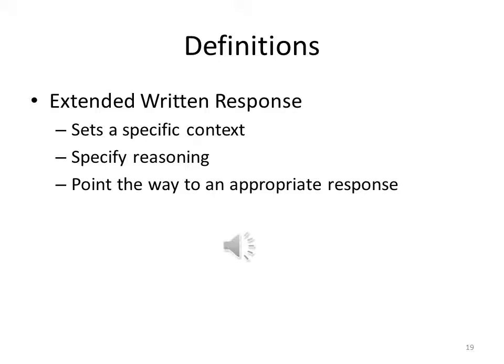Why do you want them to pull information together into a written format? As the instructor, you need to point the way to an appropriate response, not give the student answers, but help clarify the context so that the student is targeted into what you want them to respond to.